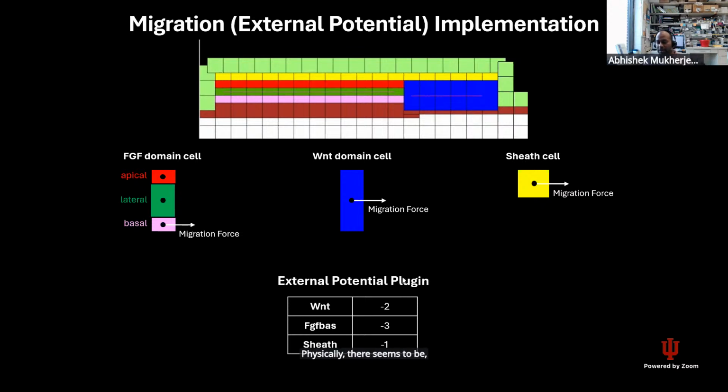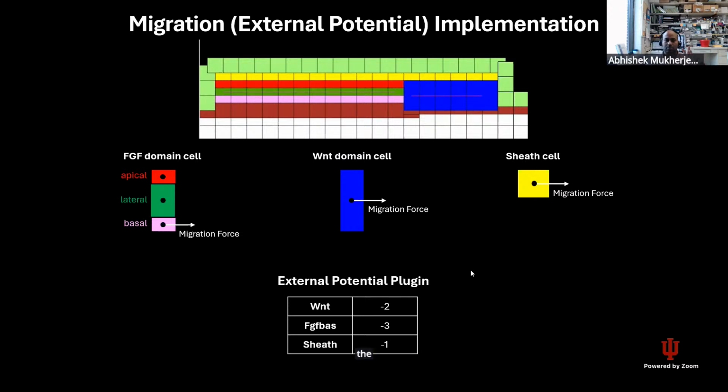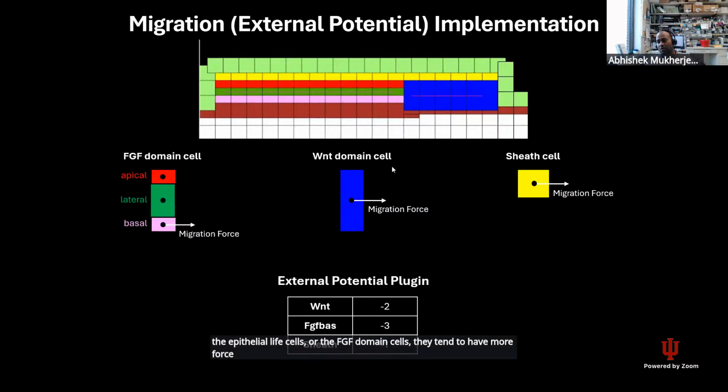in the real system, there seem to be reasons why. Previous work from Holger Knaut's group in New York has shown that the epithelialized cells, or the FGF domain cells, tend to apply more force on the underlying substrate, the ECM, while they migrate.